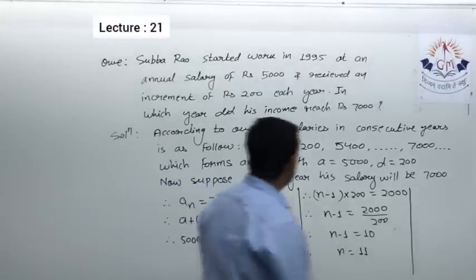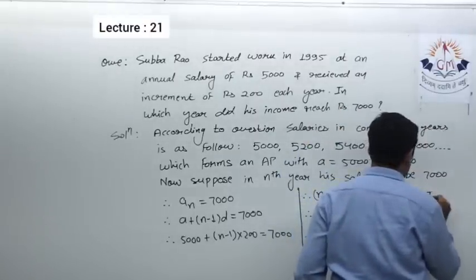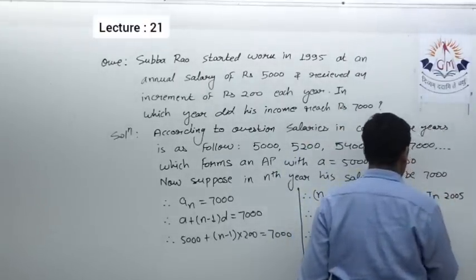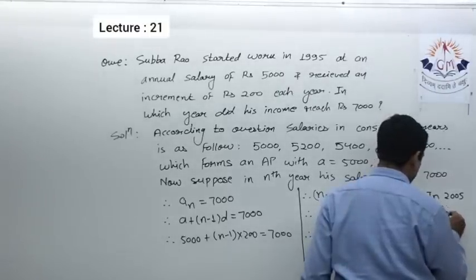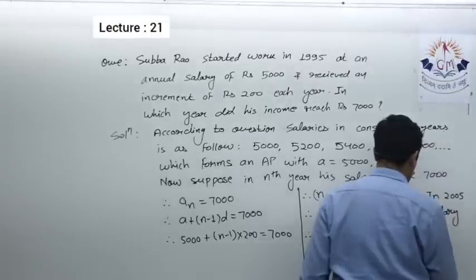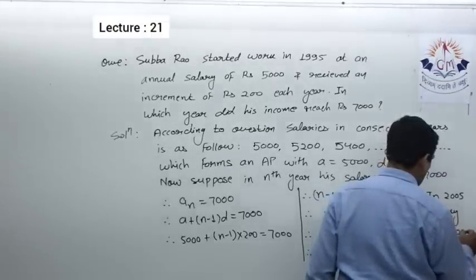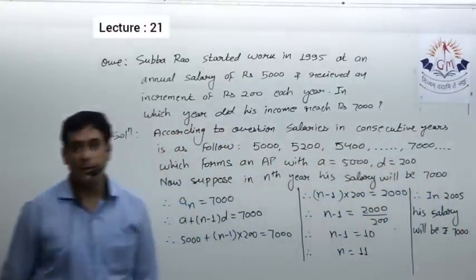It will be 2005, isn't it? Because I'm including this year also. So therefore in the year 2005 his salary will be rupees 7,000. Okay, so please note it down, then we'll see the next question.